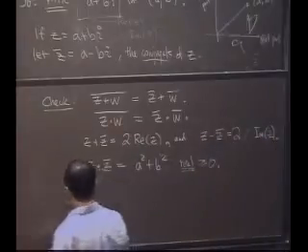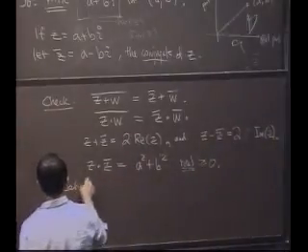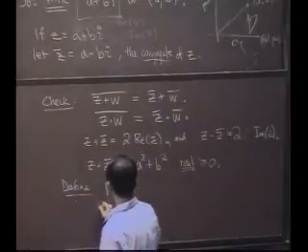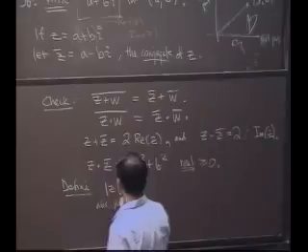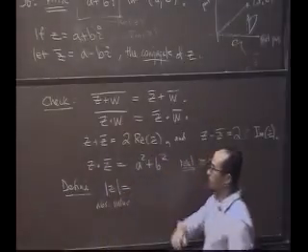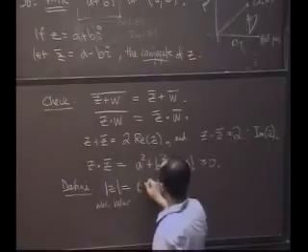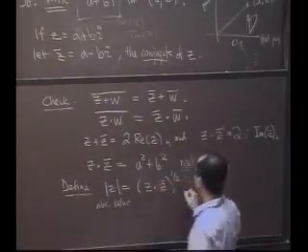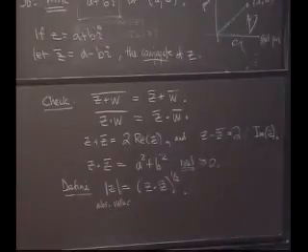So, in fact, we will define the length of z, the absolute value of z, or the magnitude of a complex number, to be (z times z bar) to the 1/2. Okay?